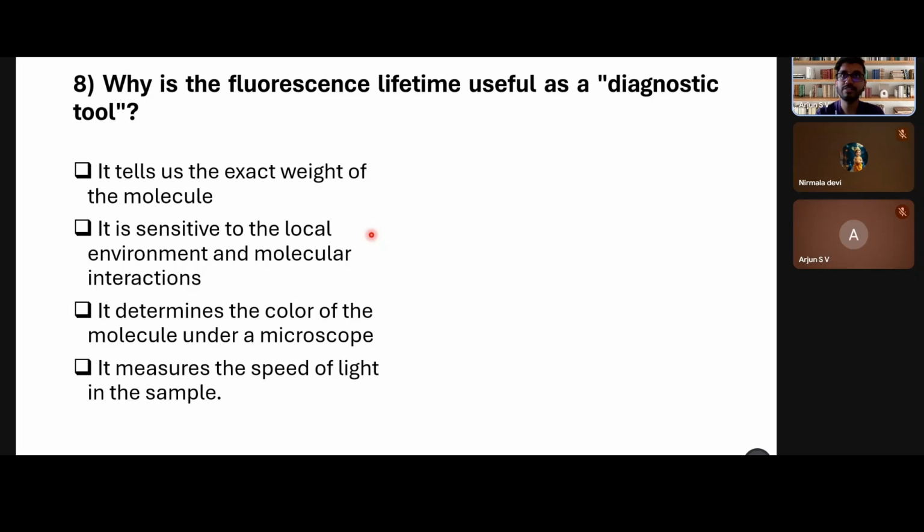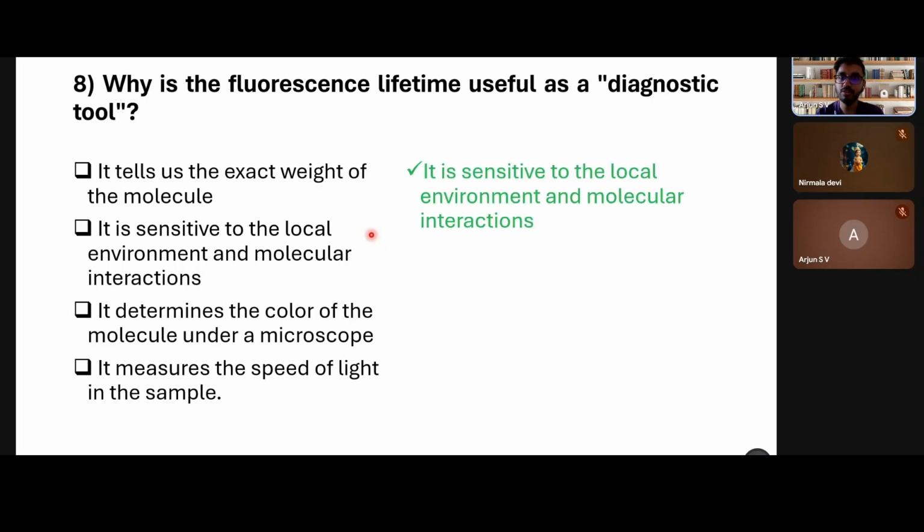For this theoretical question, the answer is that it's sensitive to the local environment and molecular interactions. That's why the fluorescence lifetime is useful as a diagnostic tool.